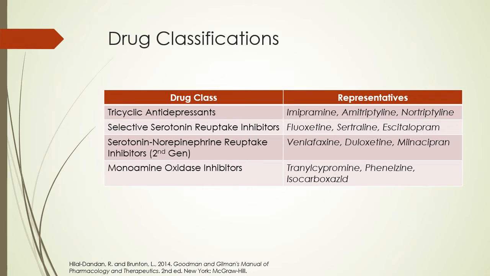Fluoxetine and sertraline, and fluoxetine more specifically, has a black box warning because it has shown that in inappropriately dosed individuals, which means that the prescription for fluoxetine contains a less than needed dose of fluoxetine, suicide tendencies are increased.